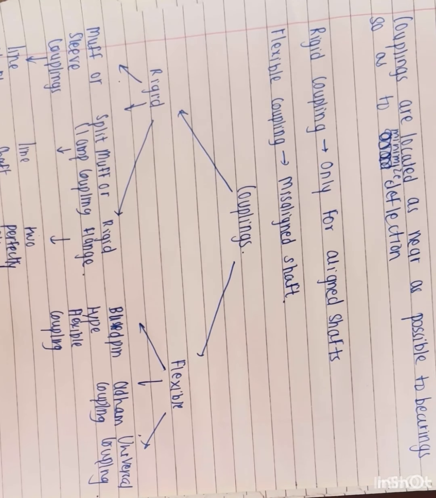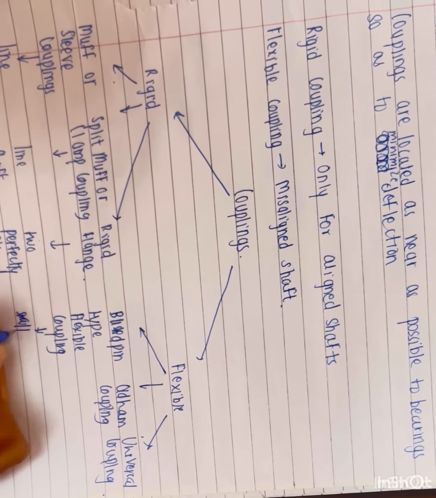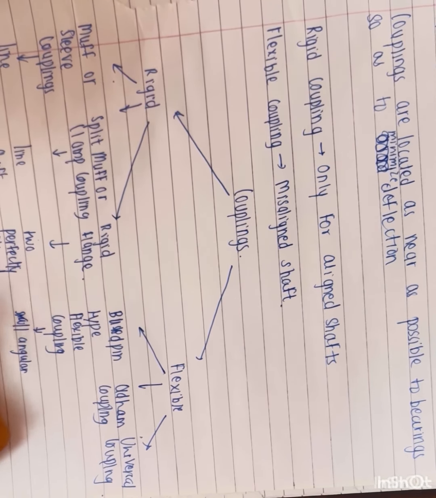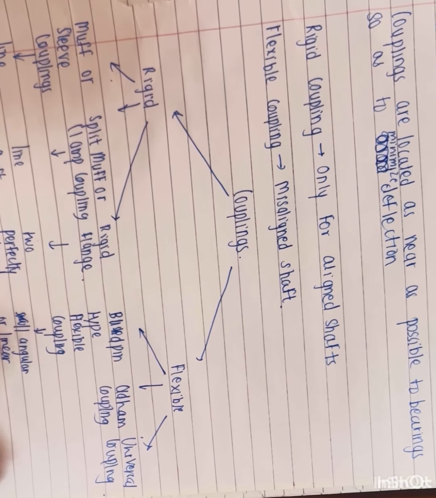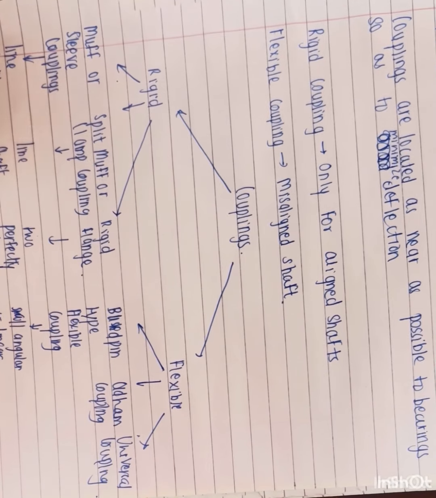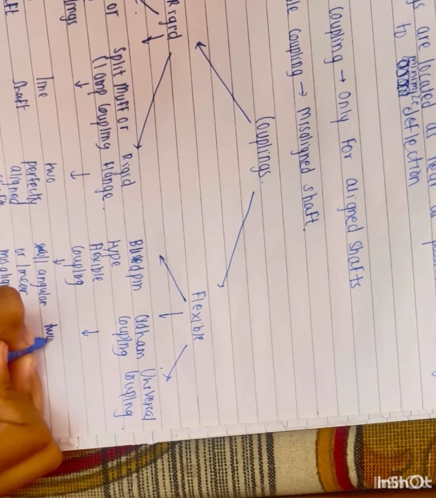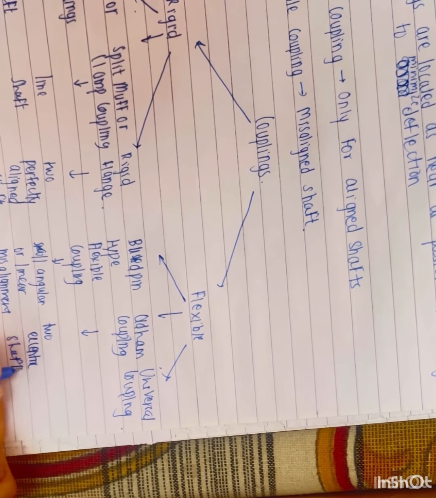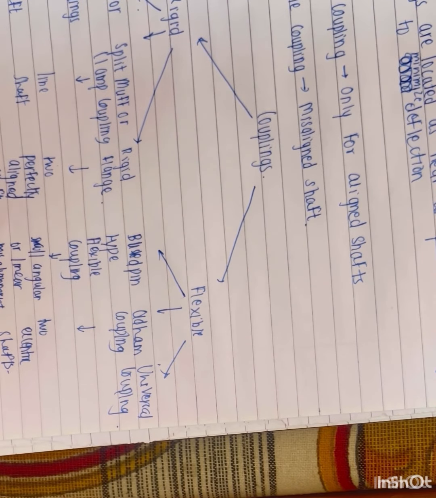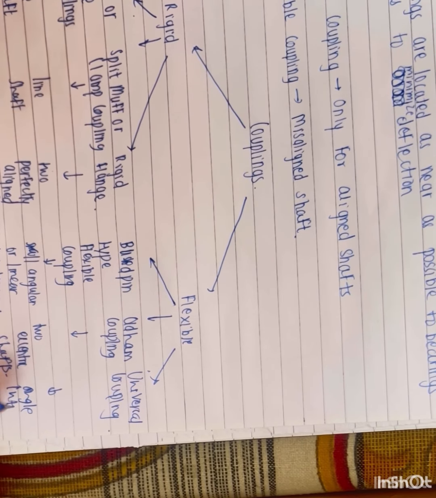And then bushed pin type coupling is used for shafts with small angular or linear misalignment. Oldham coupling is used for connecting two eccentric shafts. And universal coupling is used for connecting two shafts with angle in them.